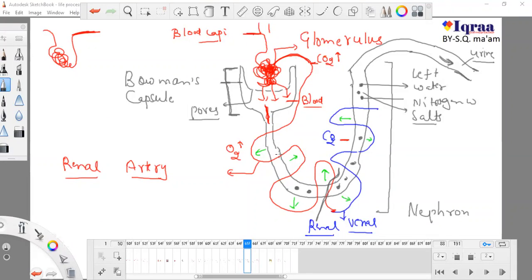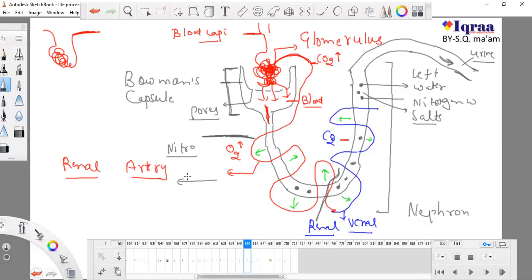Okay, so this is the process. Don't forget that this part is taking nitrogen waste blood. This is the nitrogen waste blood. It is rich in oxygen, but it also contains nitrogen waste. This is an artery, known as the renal artery because it is a part of the urinary system.